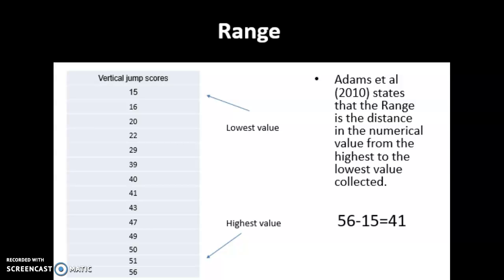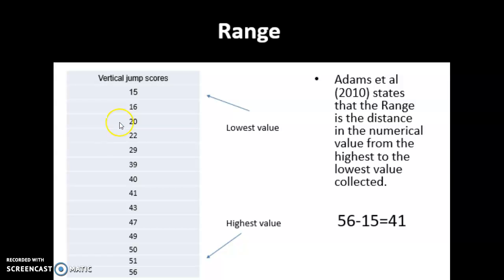The range is similar. There are benefits and disadvantages of using the range. One main disadvantage is that if there are a lot of low numbers and only one large numerical value, then the range will be a higher value overall, and therefore it won't be representative of the data set and won't be an accurate way of presenting and organizing the data.